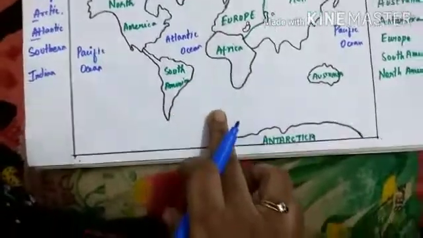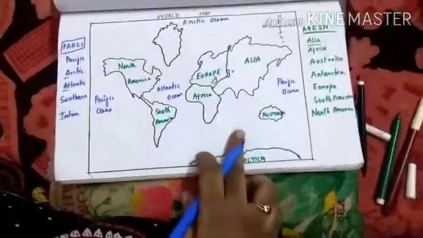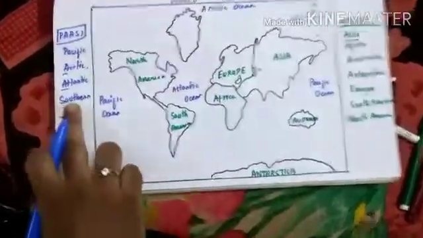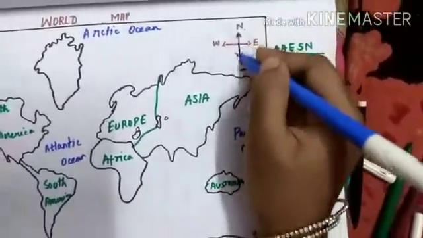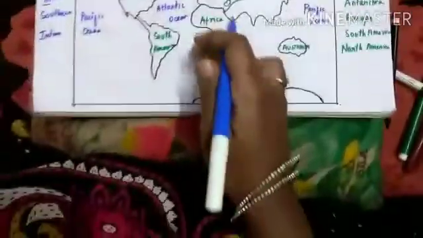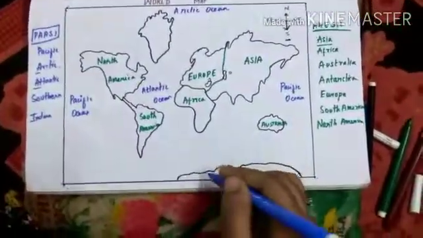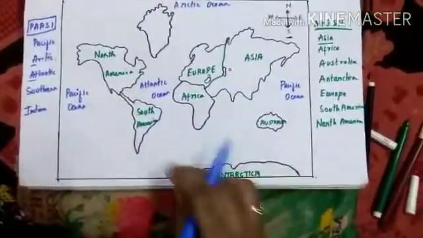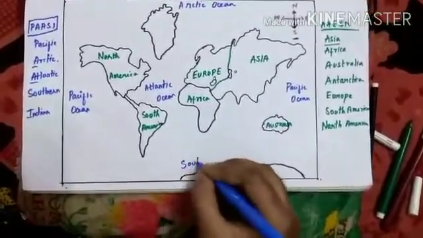Then come down. Near Antarctica is your Southern Ocean. Southern Ocean will come, see where is south, it is downwards. So the Southern Ocean will come at the bottom of your world map, near Antarctica. So Southern Ocean is here.